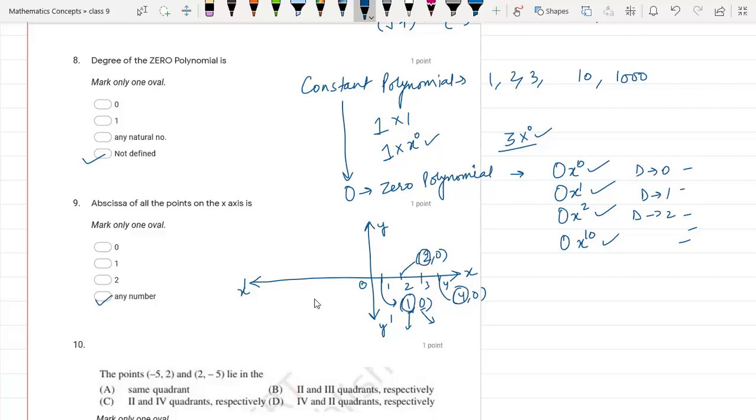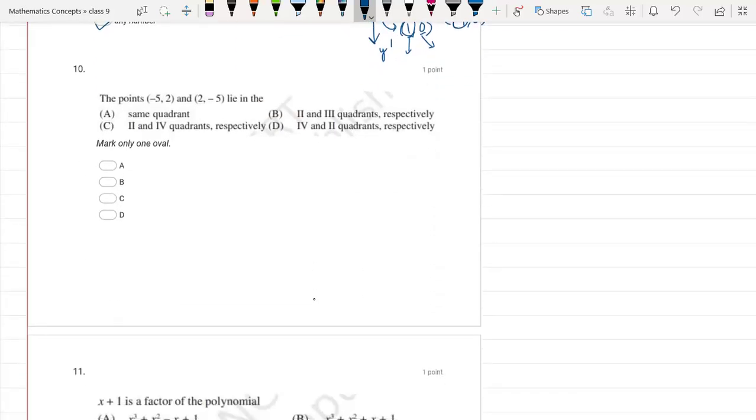Now question number 10. The points -5, 2 and 2, -5 lie in. For this again we have to draw a number line. First point is -5, 2, that is axis of negative, -1, -2, -3, -4, -5, and y is positive 1, 2. So y positive, x negative, the point is this one, -5, 2.